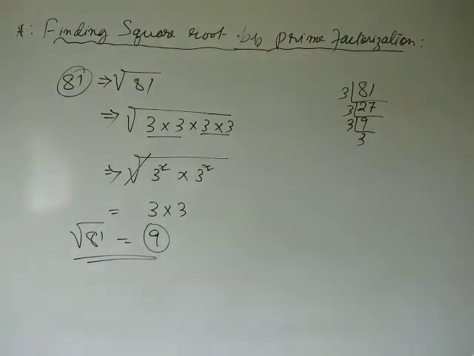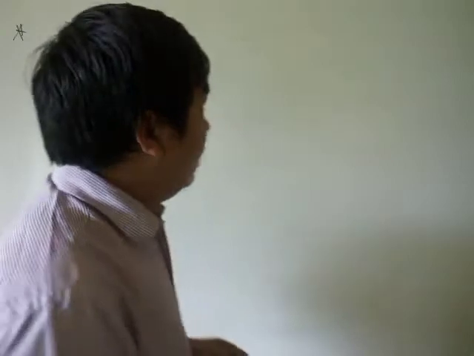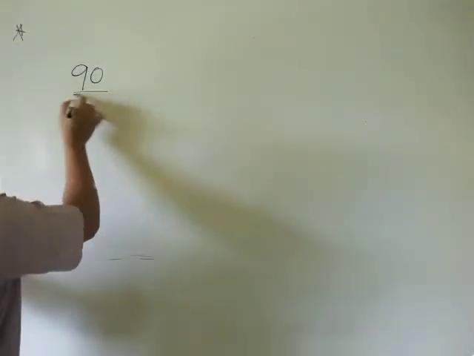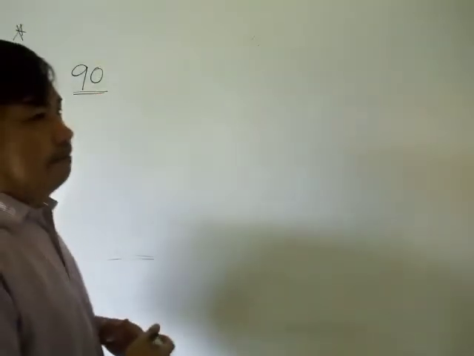Then you see 90. Could this 90 be a perfect square? No, it cannot be a perfect square.